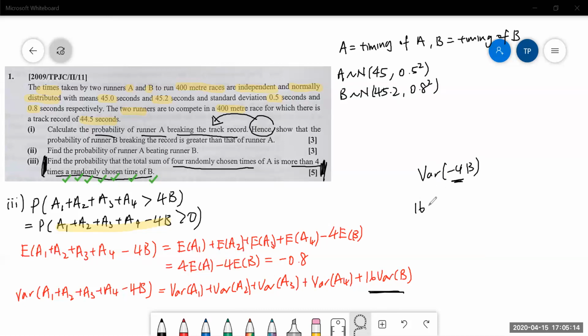We will get minus 4 squared, which is 16. That's why we get 16 variance of B. Can you help me to calculate this? This is equivalent to 4 times variance of A plus 16 variance of B.